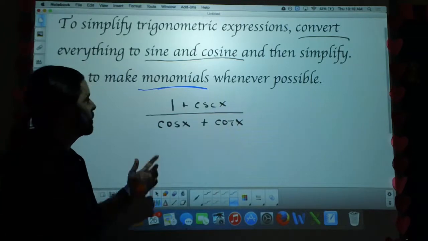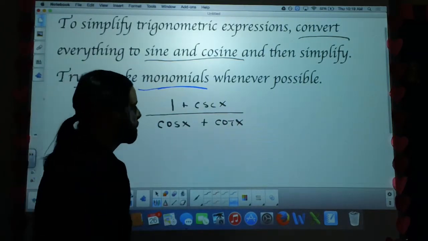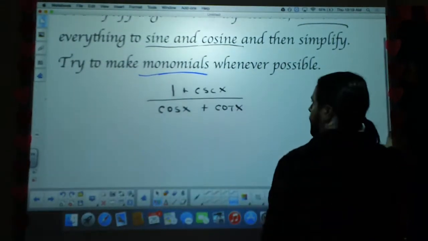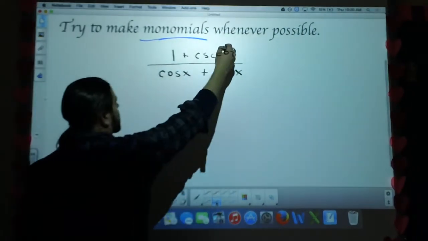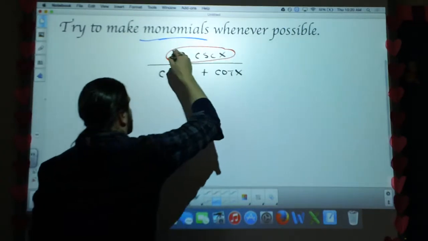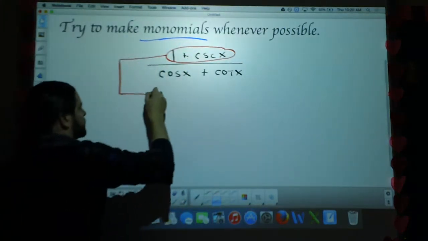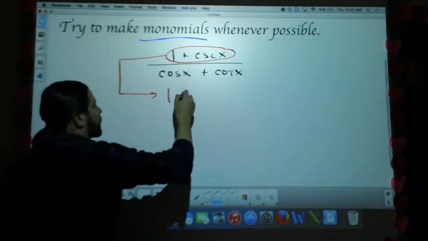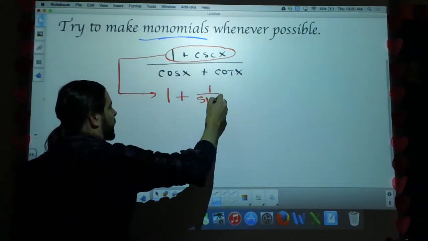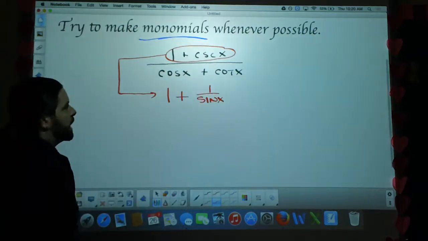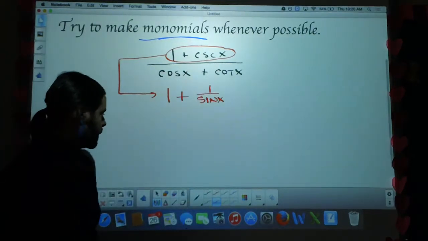So first I'm going to convert things to sine and cosine. My goal is to make this as simple as possible. So I'm going to think of the top of this fraction as its own problem. That's 1 plus 1 over sine of x, because cosecant and sine are reciprocals.